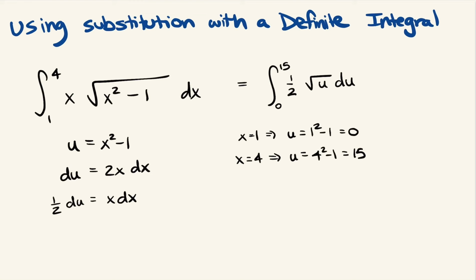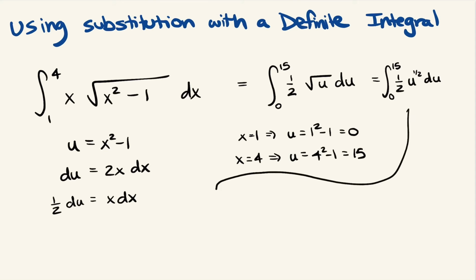Now to integrate this using the power rule, I usually prefer to rewrite my square root u as u to the 1/2. So then now when I use the power rule, I'll think about this as 1/2 u to the 3/2 divided by 3/2, right? I add 1 to that power.